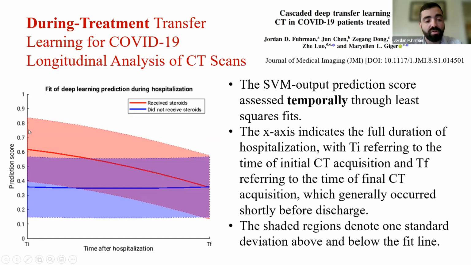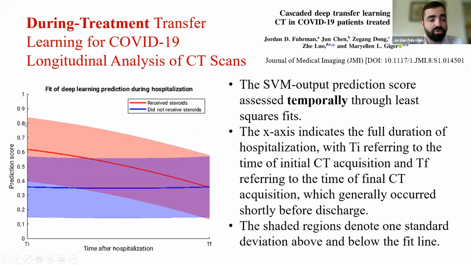Then as time went on and as the patients neared their subsequent discharge, the curve of those who received steroids tended towards the curve of those who did not receive steroids. And this convergence indicates what we expect, that we're reaching some baseline prediction where the patient should no longer be on steroids. So I want to be clear about how we feel that this could be used clinically.